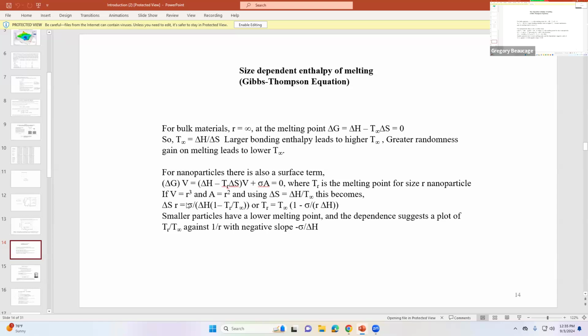Or you could solve this for T_R. Basically, the melting point of a nanoparticle should go with 1 over R. When R goes to infinity, this term goes to 0 and you get the infinite melting point. For any finite R, you're deducting from that to get a lower melting point.